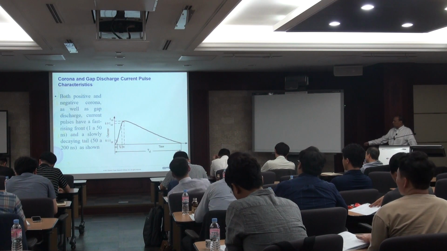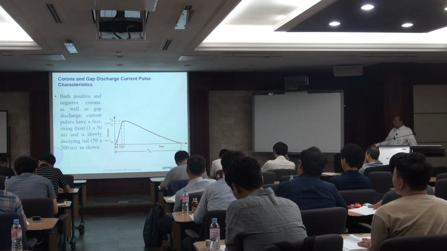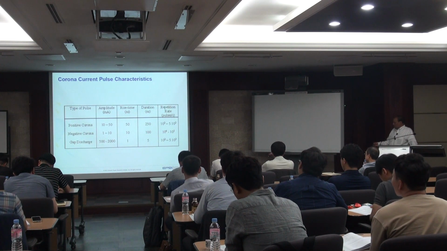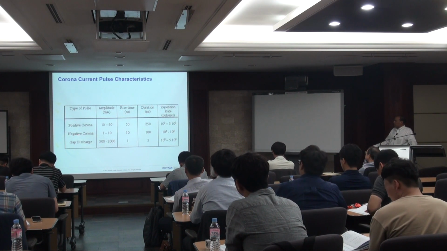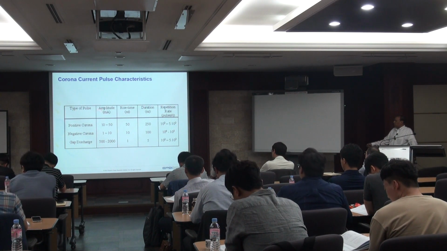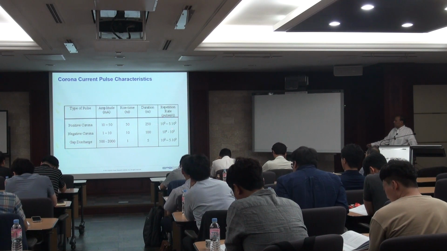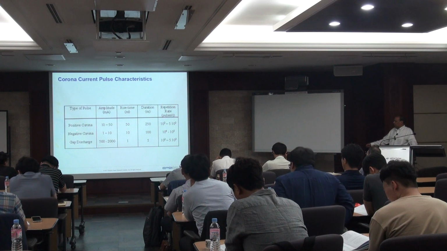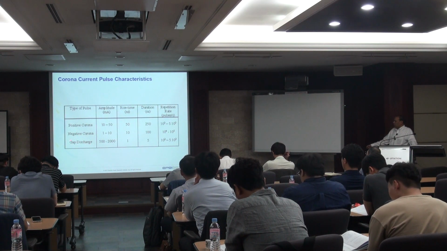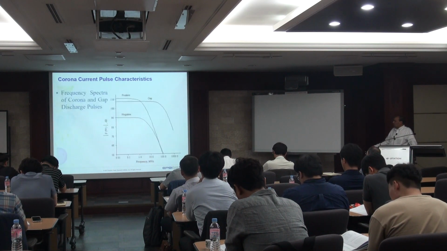This is the current wave shape, with a very steep front. Some numbers for the amplitude of the current in milliamps, rise time, duration, and all that are given here for positive corona, negative corona, and gap discharge. So those are the numbers.